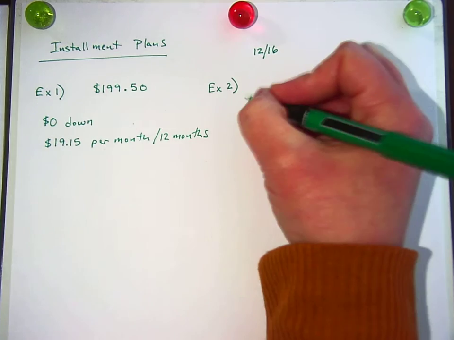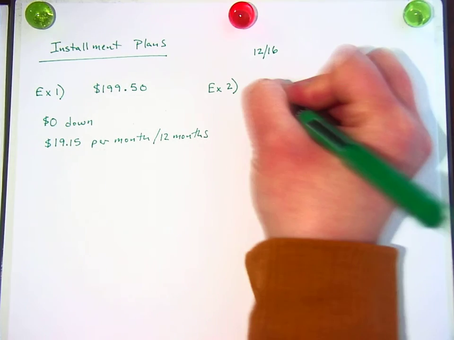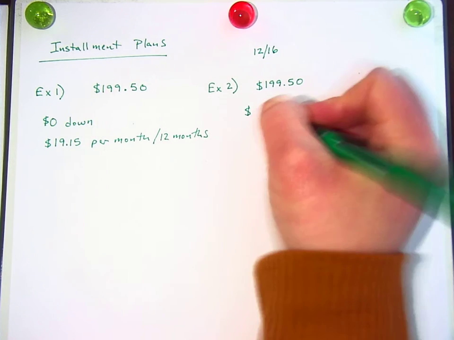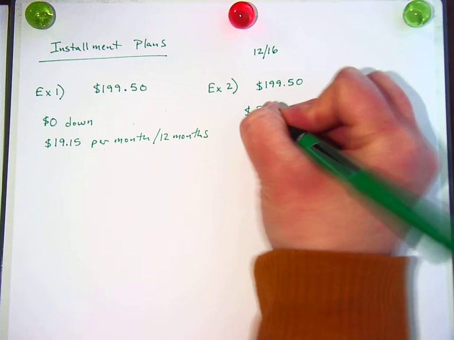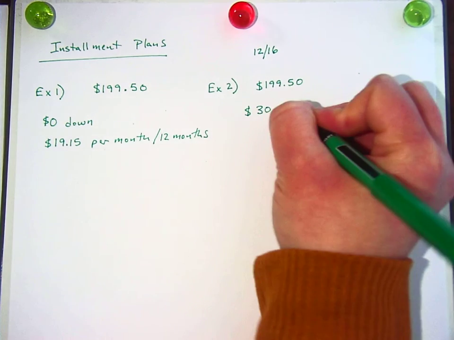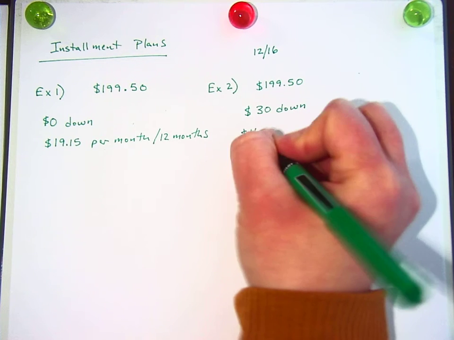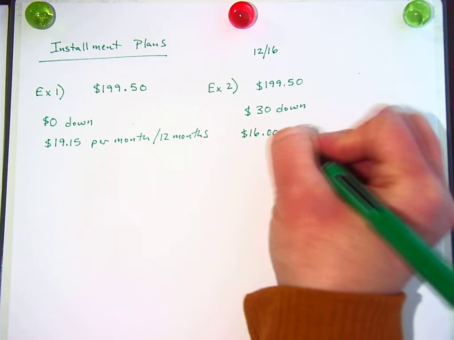And the other option that we're going to do for example 2 is still $199.50. But on this one, we're assuming that you decided, okay, I'm going to put $30 down right now. I'll pay 30 bucks. And then if that happens, then you only have to pay $16 per month.